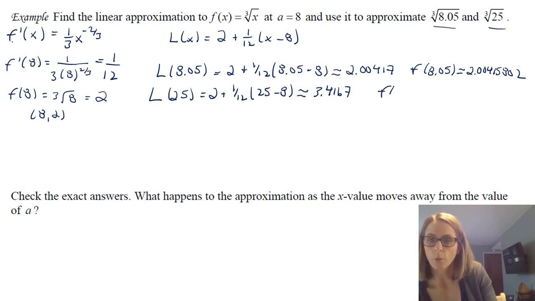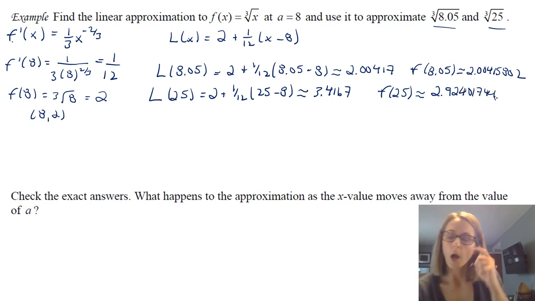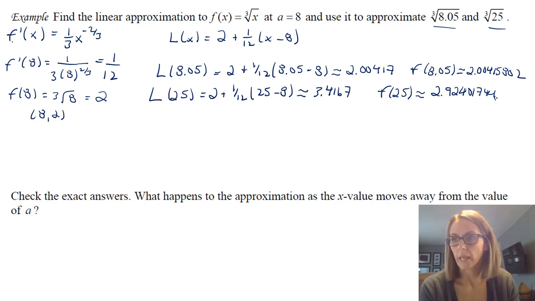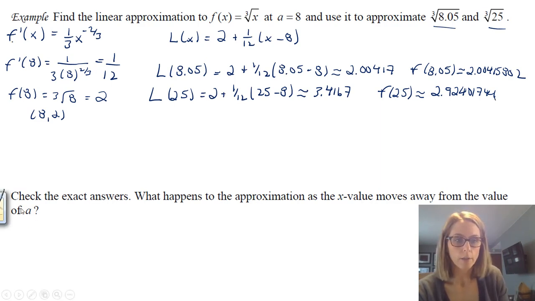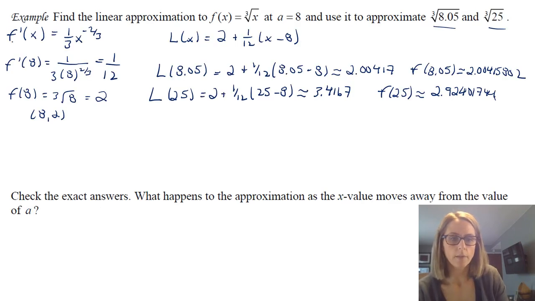However, if you were to actually put this value into your function, which is the cube root of x, you'd get 2.92401744. Point being there is, take a look at the bottom here, check the exact answers.